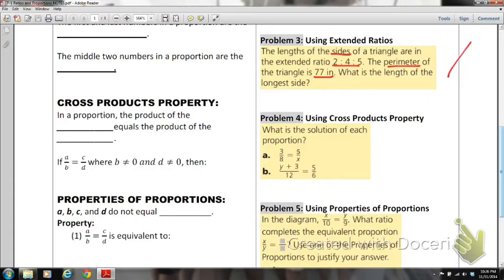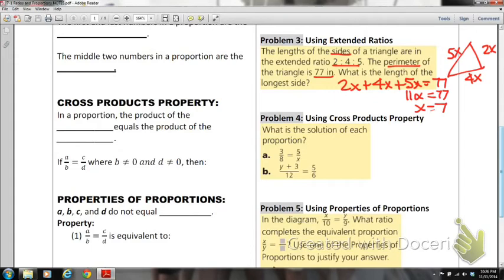If your ratio is in the form of 2 to 4 to 5, let's once again make that a 2x, a 4x, and a 5x in order to calculate that. So we have 2x plus 4x plus 5x is 77. So that's 11x is 77, and x is equal to 7.